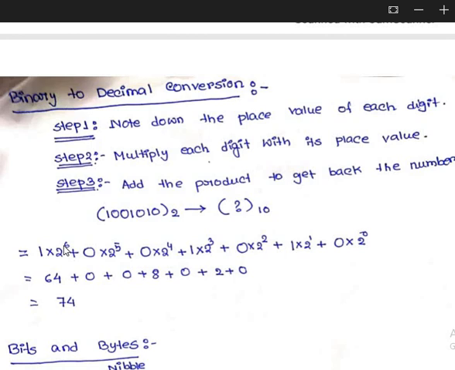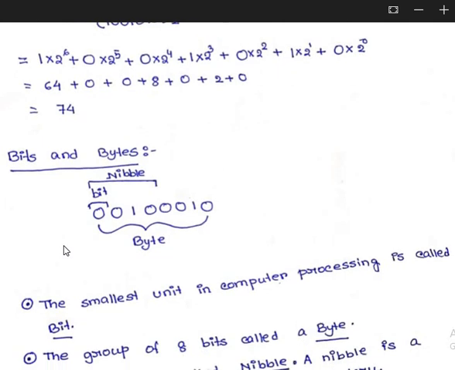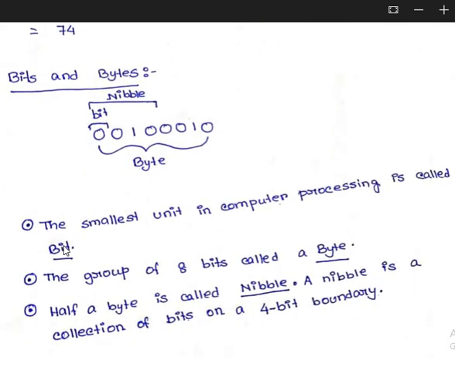Now the concept of bits and bytes is also clear to you. We have already discussed it earlier in this video, but still let me discuss. If I am given a number like this, it's a combination of 8 digits together, which is a binary number. Just looking at the number, we can say so, because it has only 0 and 1.